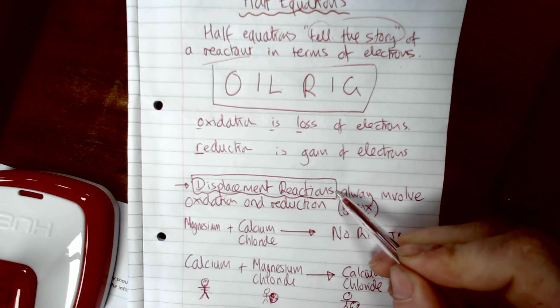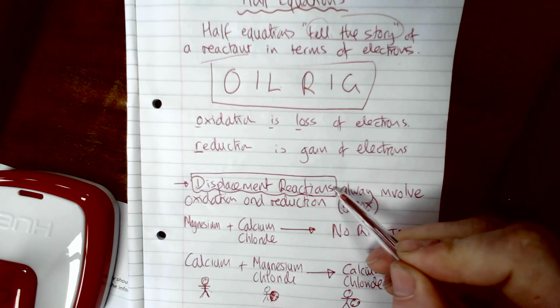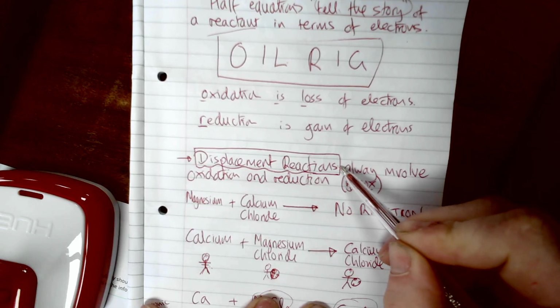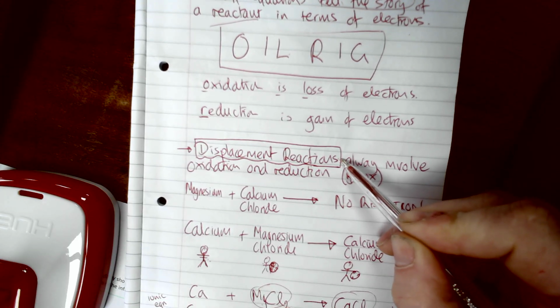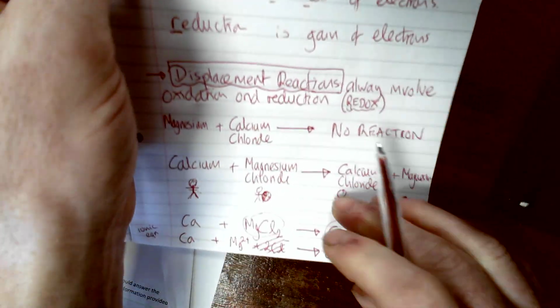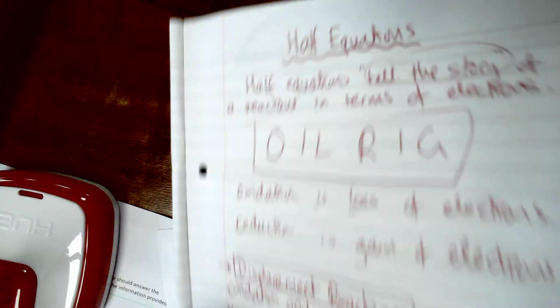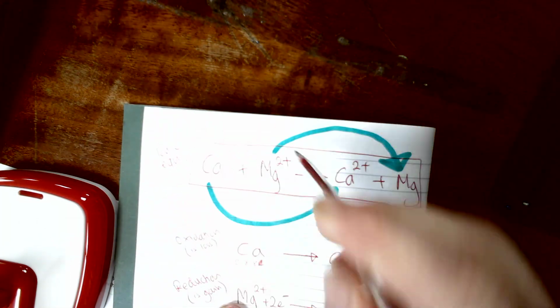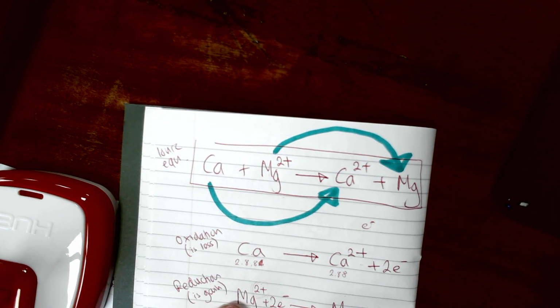It then says on your specification, GCSE students need to be able to balance half equations for displacement reactions. So typically in a GCSE, they will give you something like this, which is an ionic equation, and they could ask you to write half equations from it.